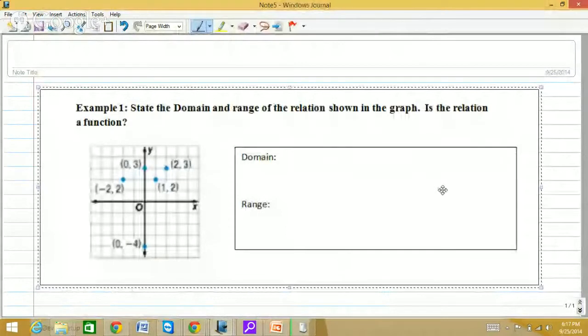Okay, there we go. So example number 1, state the domain and range of the relation shown in the graph. Is the relation a function? So first things first, the domain. The domain is always going to be your x-axis, also known as your independent variable.